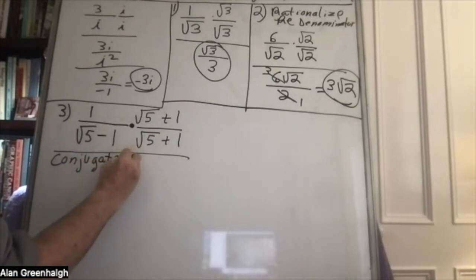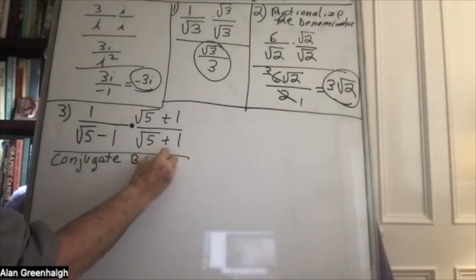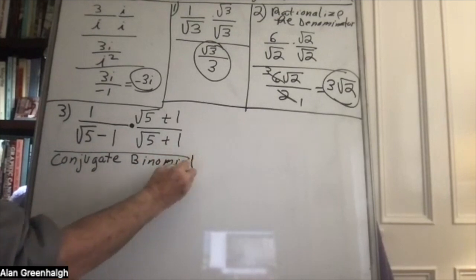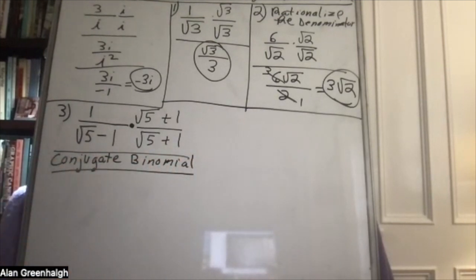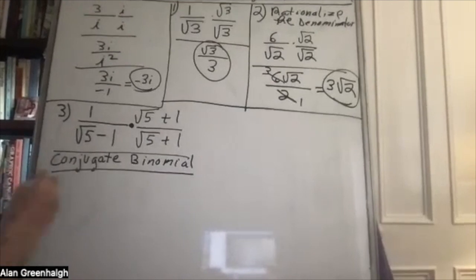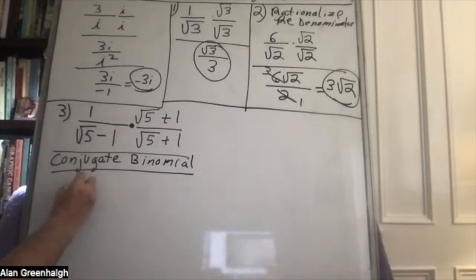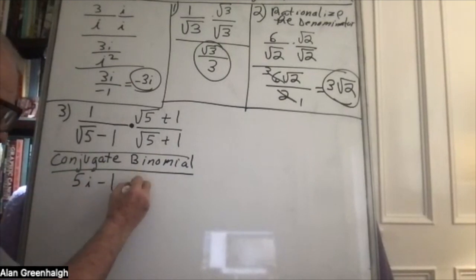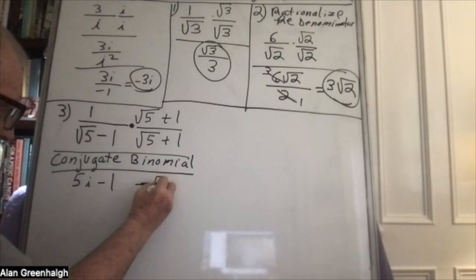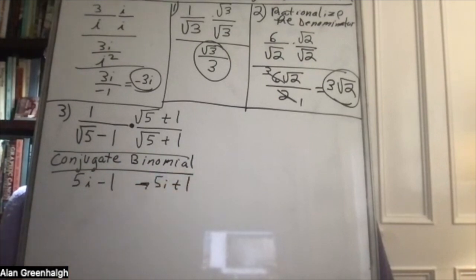The conjugate binomial. We keep coming back to this, don't we? This is a concept that we keep coming back to. If I said to you, what is the conjugate binomial here? And you would say, well, the conjugate binomial is 5i plus 1.